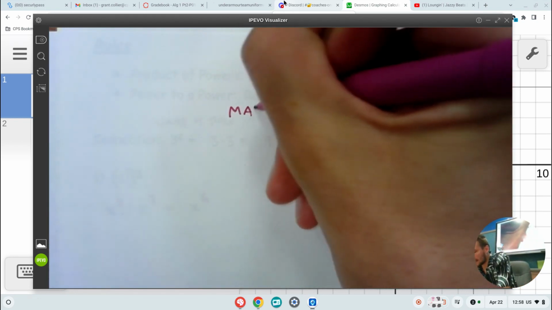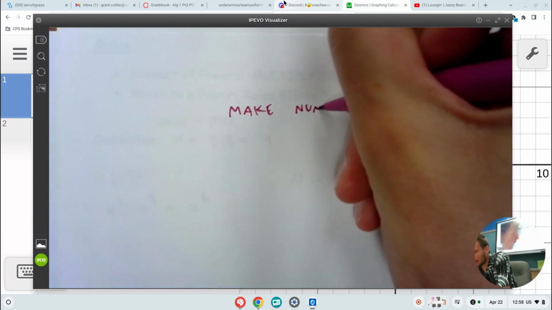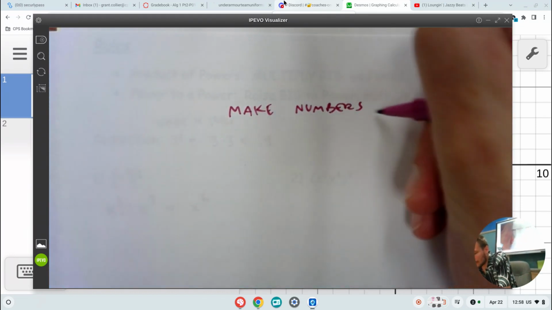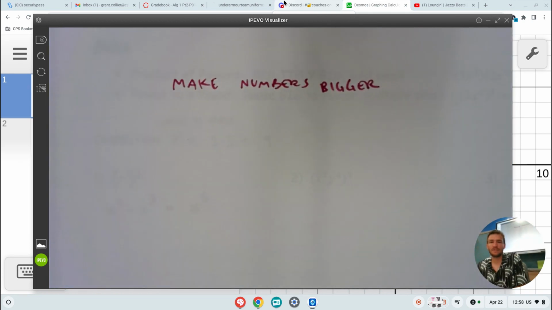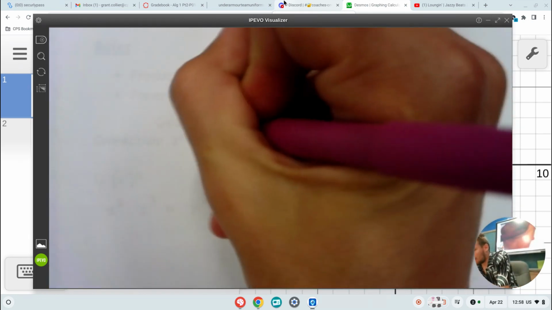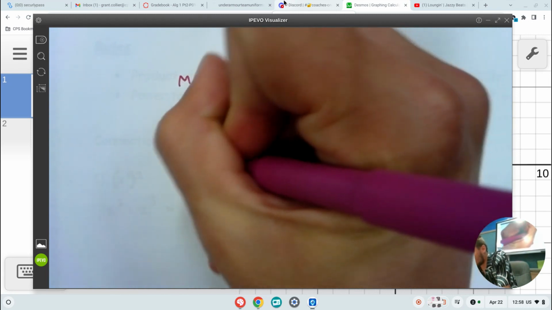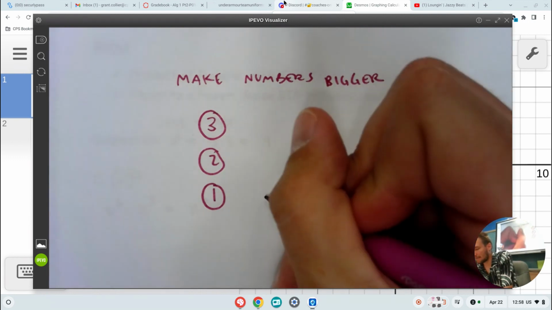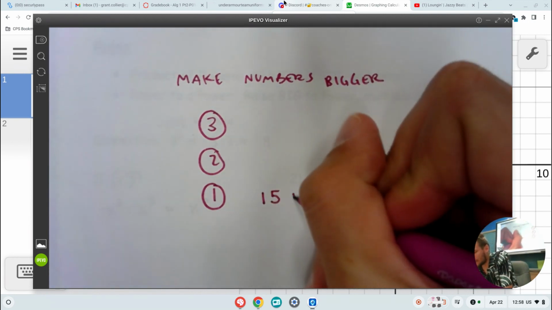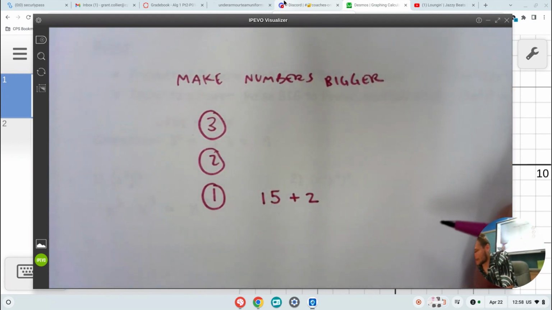If you want to make numbers bigger, you pretty much know 3 ways how to do that. So let's start with the numbers. Let's do 15 plus 2.